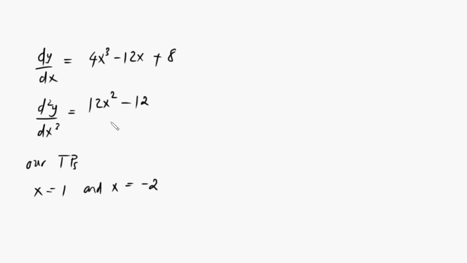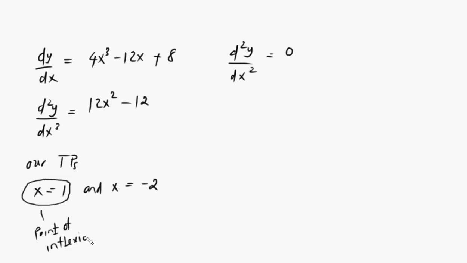So if I substitute 1, what do I get for the second derivative? Substituting 1 I get 12 minus 12, which is 0. Remember, when you get 0, this point is a point of inflection. Now let's substitute negative 2.